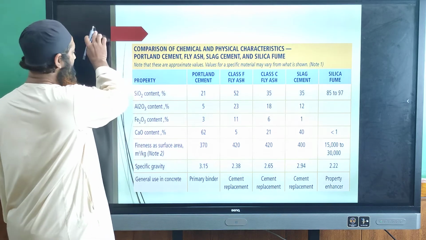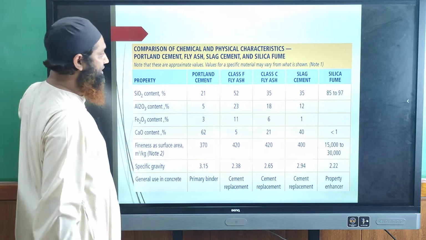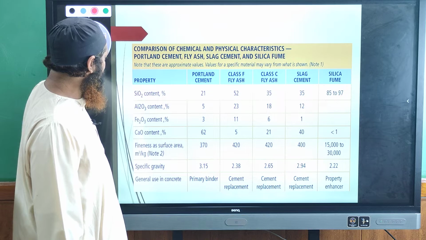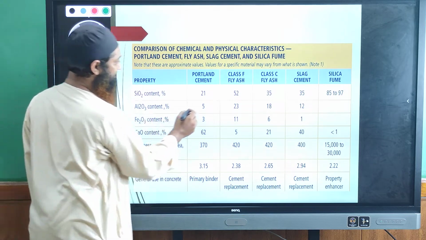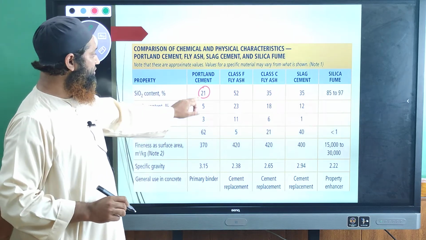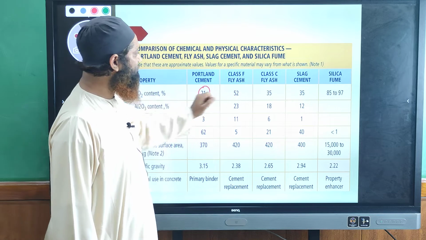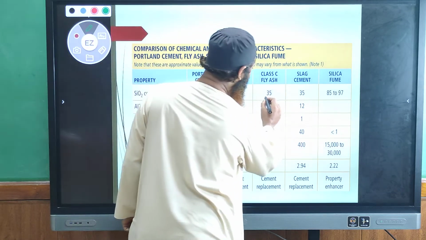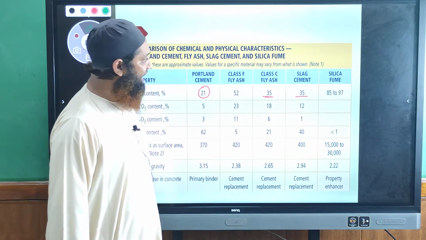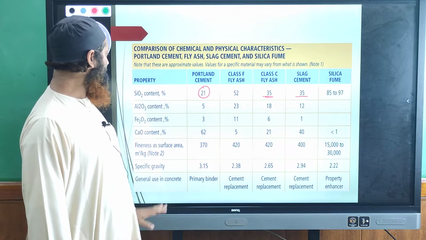So 52% is silicon dioxide, and in class C fly ash you have 35% of silicon dioxide. So this is important here. Silicon dioxide is 21% in Portland cement. In class F fly ash it is 52%, and in class C fly ash it is 35%. In slag cement it is 35%, and in silica fume it is about 85 to 97%. So this is the difference.